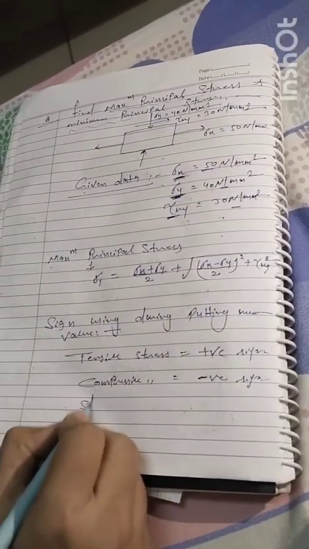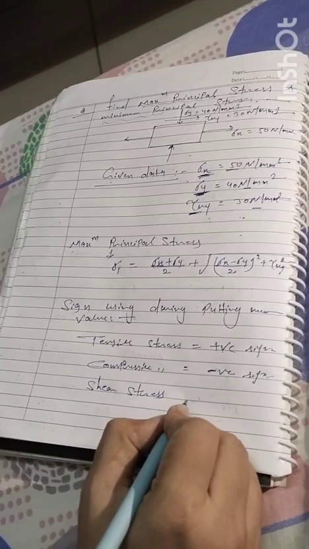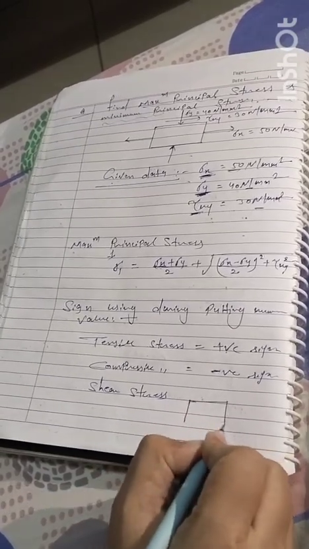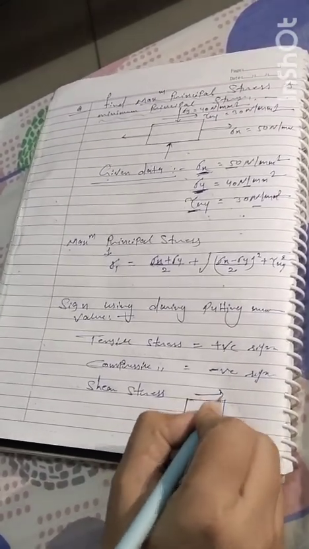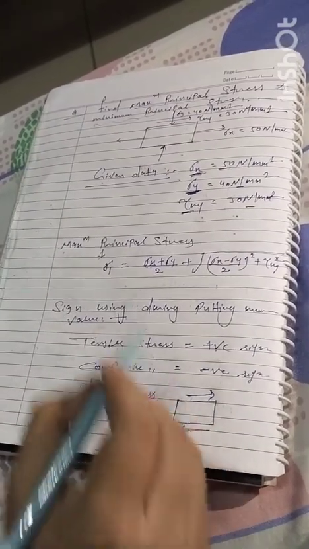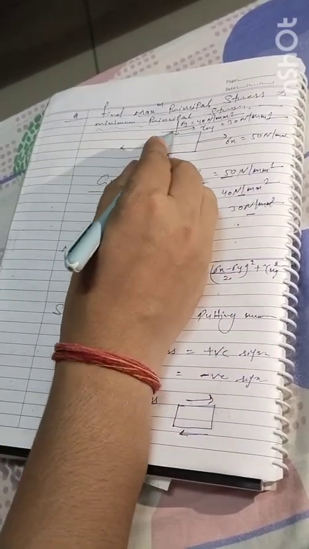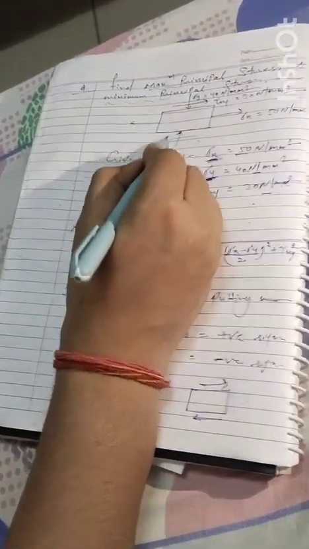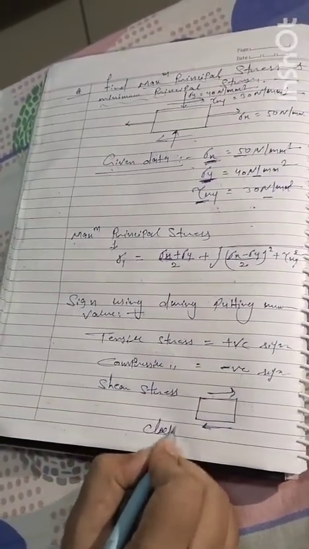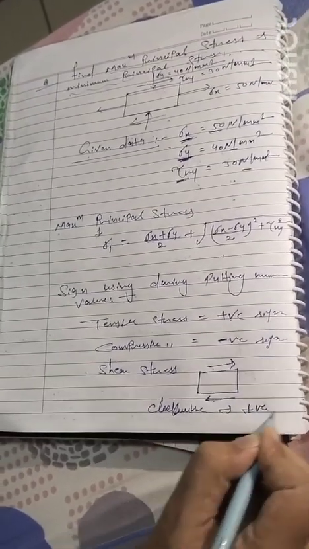And if you are putting the value of shear stress, you have to check the direction of shear stress. If the direction of shear stress is clockwise, then you have to take the positive sign.